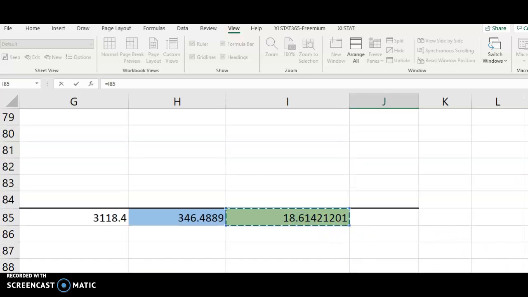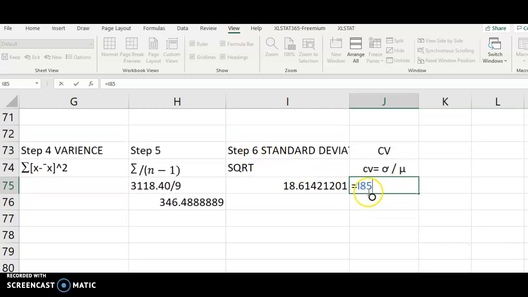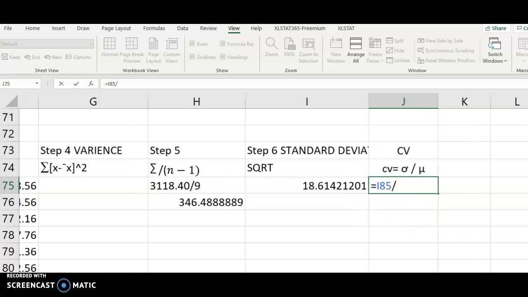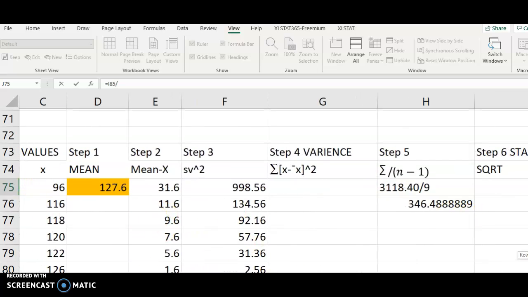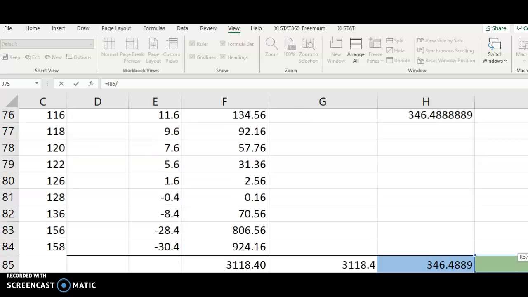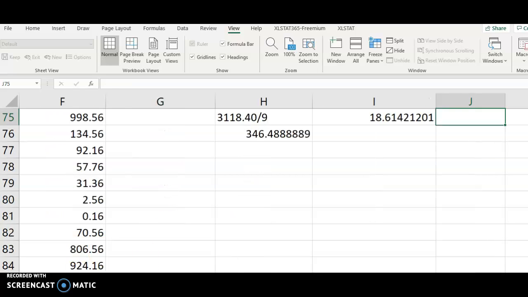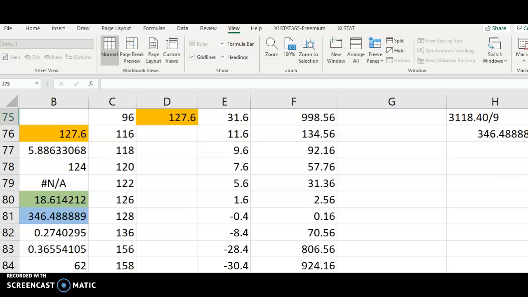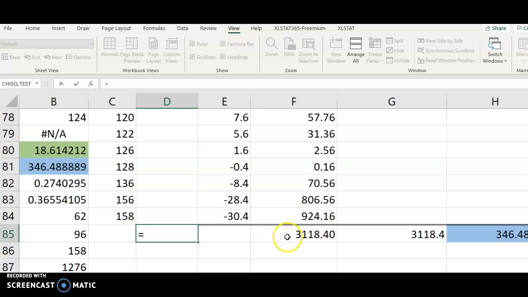So we're going to highlight that cell, and it's going to bring it up into our formula here. And then we're going to divide by the mean. So we're going to go all the way over and find the mean. Oh gosh, I didn't do this because I didn't teach you first. So we're just going to hit, oops, let's erase that. We're just going to say, hey, bring the number down from the mean.